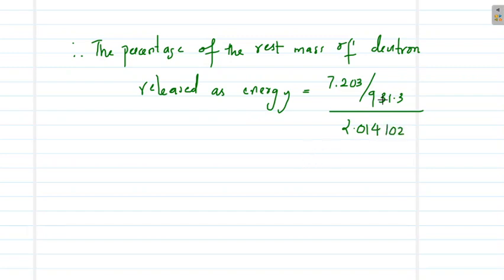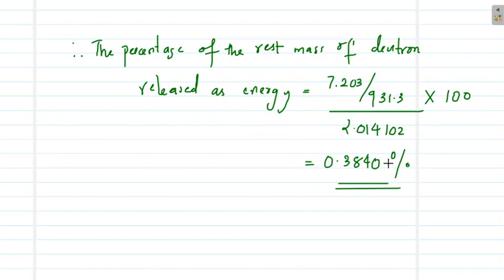And this can be calculated. This is the ratio, and if you need the percentage, multiply this with 100. So this is equal to 0.3840 percent. So if you take 100 percent of a deuteron, out of this 0.38 percent will be converted into energy in the mentioned nuclear fusion process.